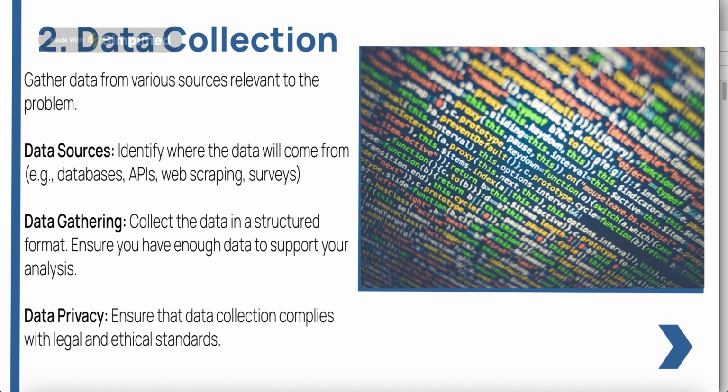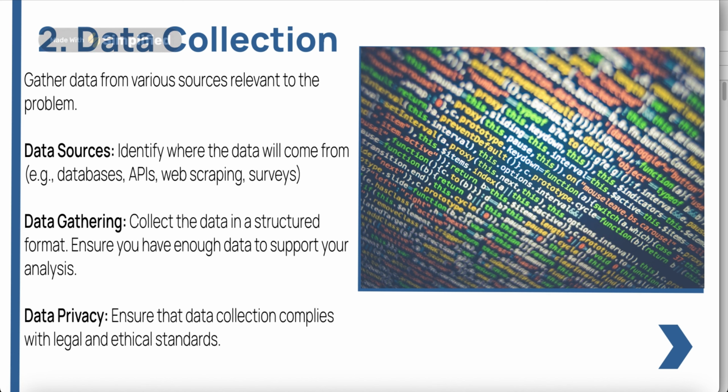At a high level, you need to collect the data in a structured format. There are kinds of data: structured, semi-structured, unstructured. You need data in a structured format, and we need to collect it legally and ethically.